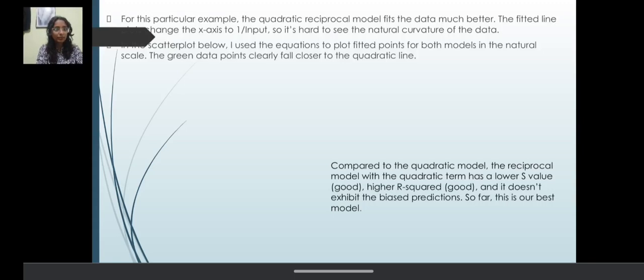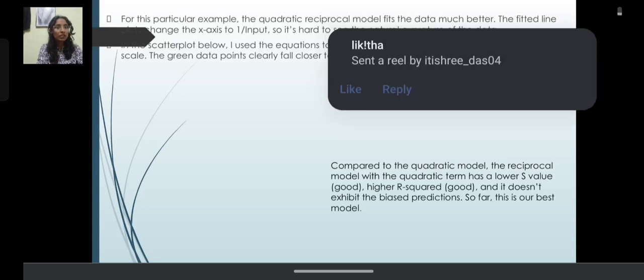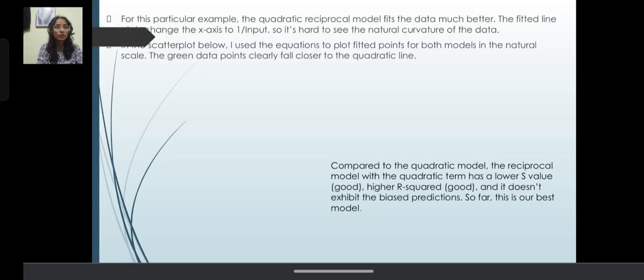In the scatter plot below, I use the equations to plot fitted points for both models in the natural scale. The green data points clearly fall closer to the quadratic line. Compared to the quadratic model, the reciprocal model with the quadratic term has a lower S value, higher R squared, and it does not exhibit the prediction bias. So far, this is our best model.